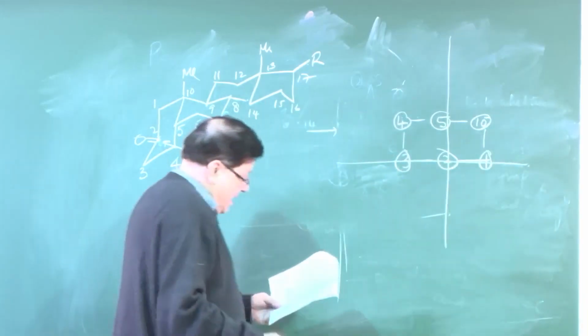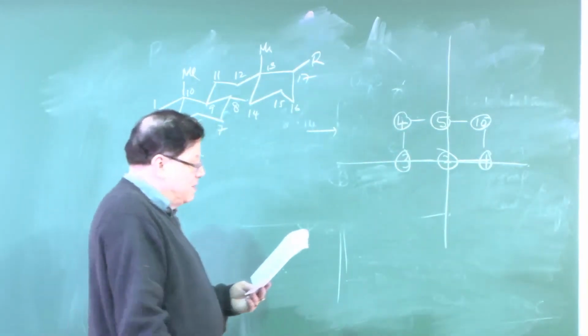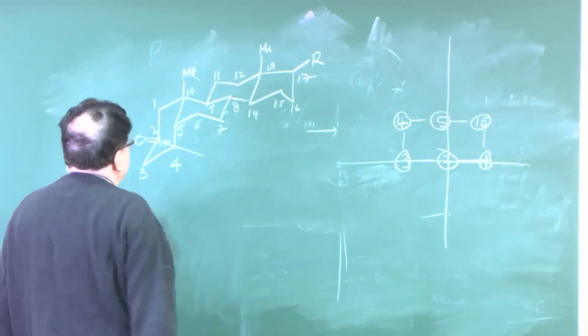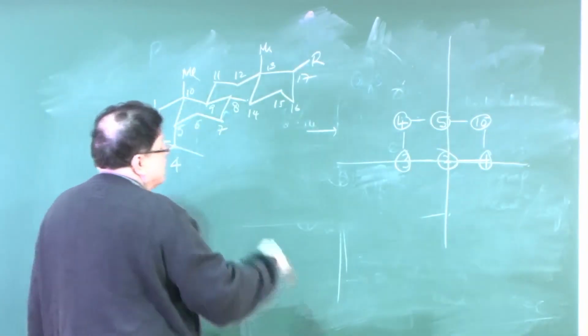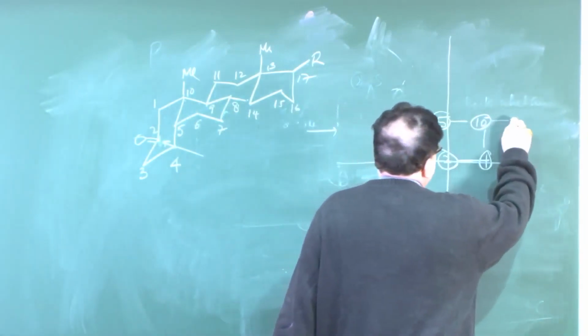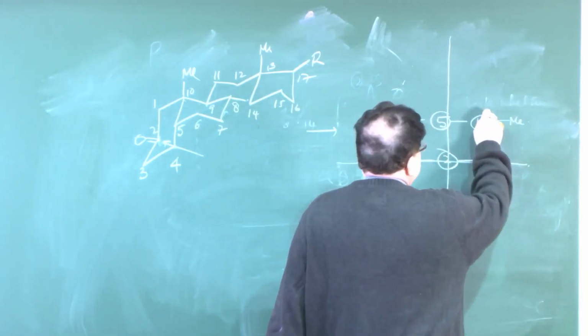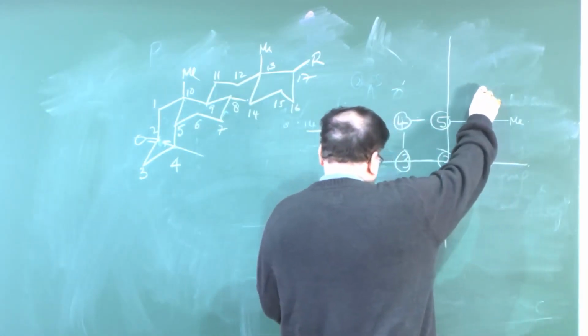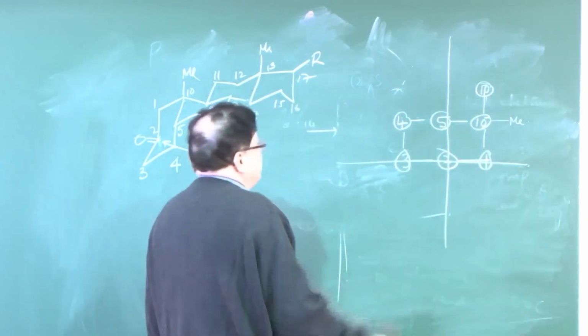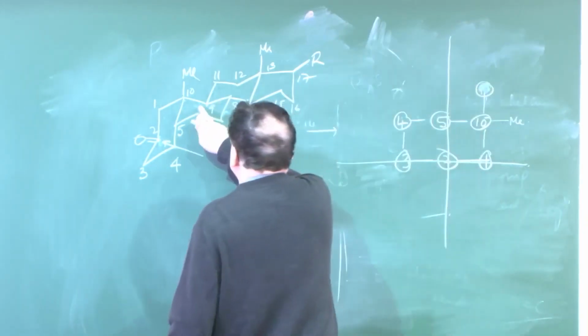Okay. And then now you have to check, at 10 you have an axial bond to 9. Okay. Remember, here the equatorial goes and here the axial bond goes. Okay. So 10 must be here. Sorry, this is your 10 attached to 9.